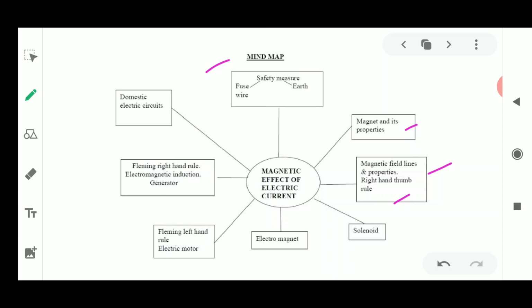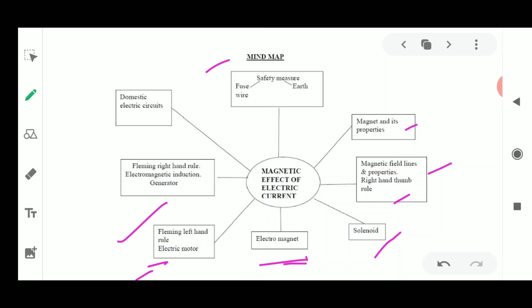Then we'll discuss one of the simple devices made using this magnetic effect, the solenoid. Based on this solenoid, we'll discuss electromagnets, which means the magnets made with the help of electricity. Then Fleming's left hand rule, which will be applied in the electric motor.